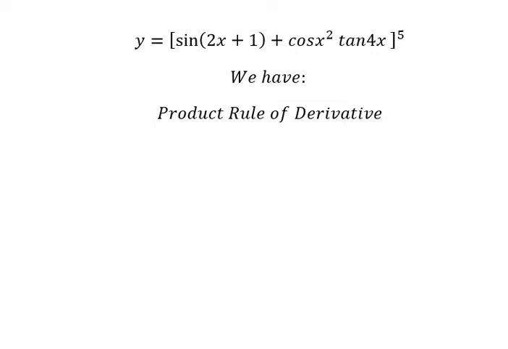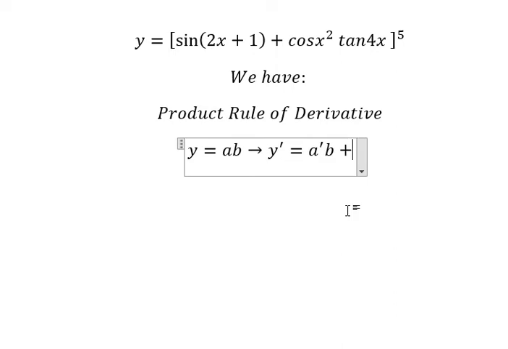So if we have y equals ab, and we do first derivative of this one, we need to do first derivative of a multiplied by b plus first derivative of b multiplied by a.